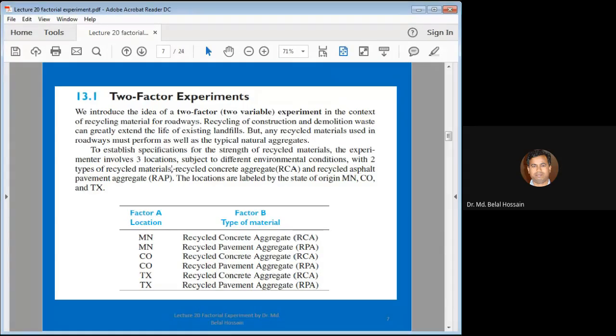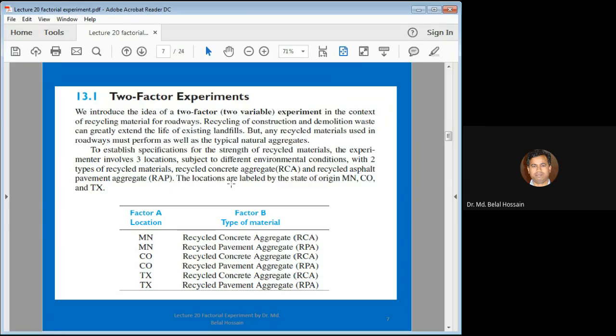To establish specifications for the strength of recycled materials, the experimenter involves 3 conditions subject to different environmental conditions with 2 types of recycled materials: recycled concrete aggregates, that is RCA, and recycled asphalt pavement aggregate, that is RAP.